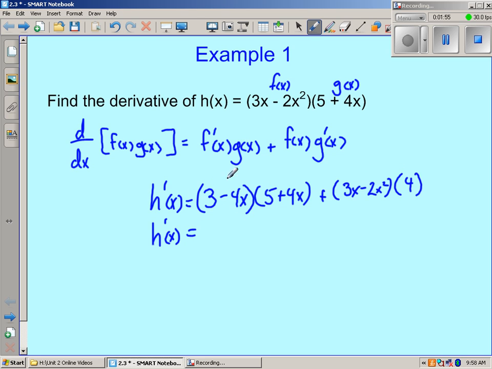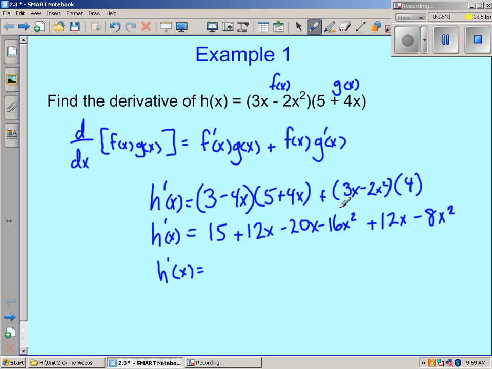So I will get 15 plus 12x minus 20x and minus 16x squared. That's just FOILing this: first, outside, inside, last. And then I'm going to multiply everything by 4 here, which gives me 12x minus 8x squared. And so now I can combine my like terms, and so h prime of x, I have negative 16 and negative 8x squared, so negative 24x squared, those guys.